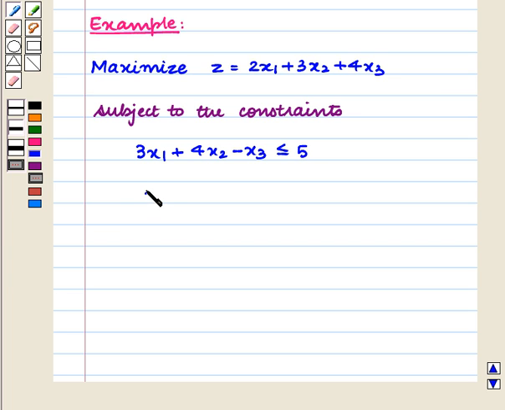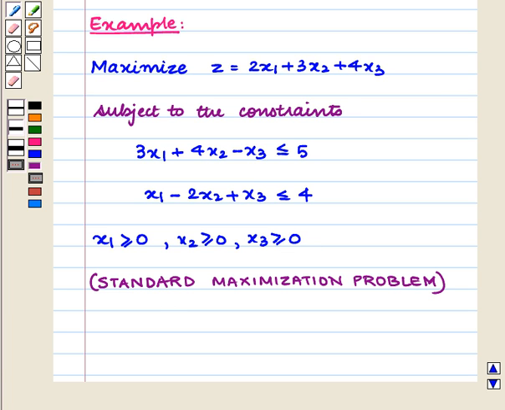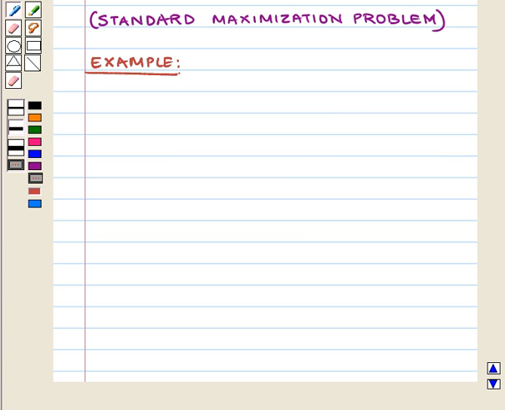Second constraint is x1 minus 2x2 plus x3 is less than equal to 4, where x1 is greater than equal to 0, x2 is greater than equal to 0 and x3 is greater than equal to 0. This is a standard maximization problem. Now we will discuss the steps involved in solving standard maximization problem using simplex method with the help of an example.